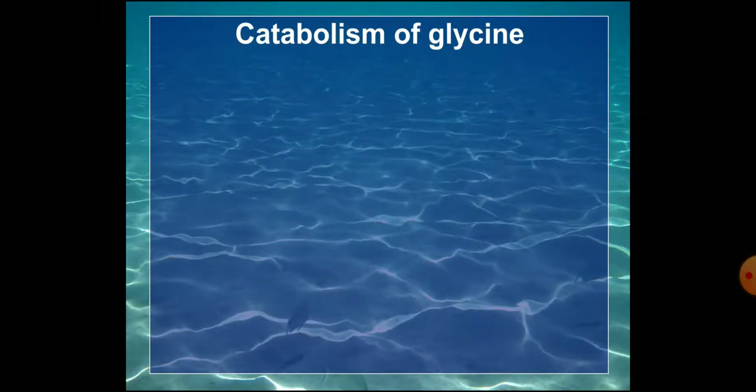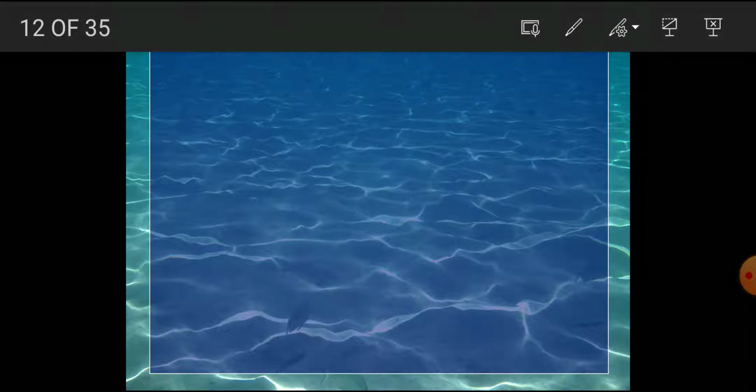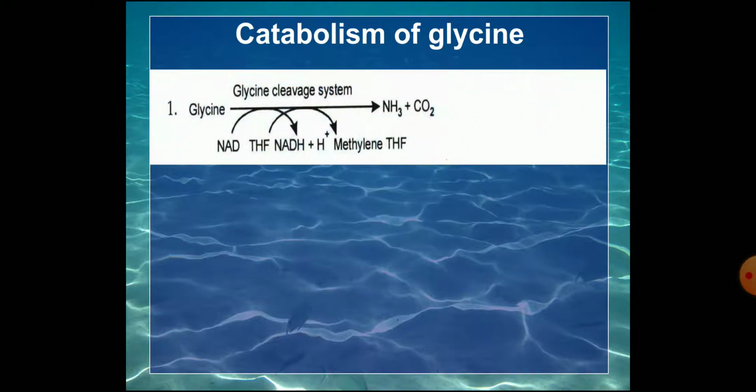Now how the catabolism occurs: just like any other amino acid, there is synthesis and there is also catabolism. We have noted that glycine is produced from ammonia and carbon dioxide by the glycine synthase enzyme. The same enzyme, it is a reversible reaction. Glycine can be converted to ammonia and carbon dioxide by the reversal of glycine synthase, that is the glycine cleavage system.